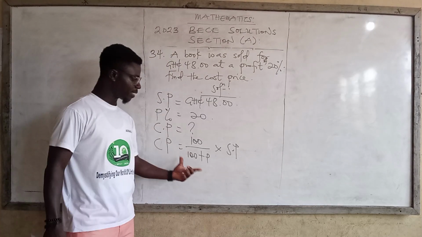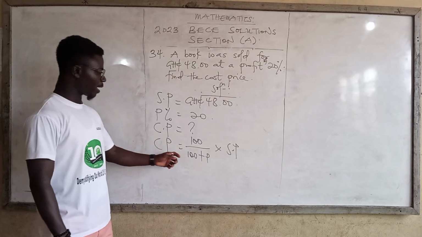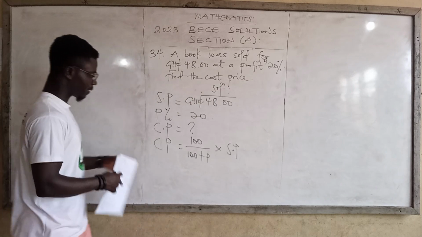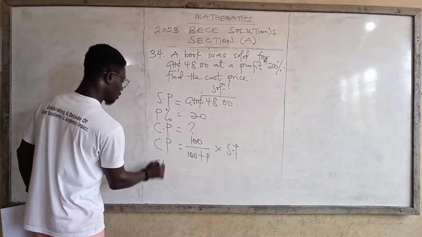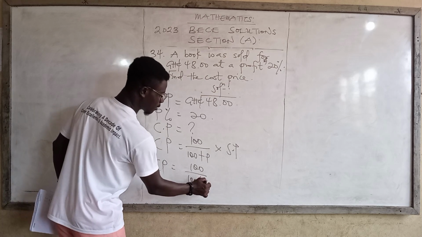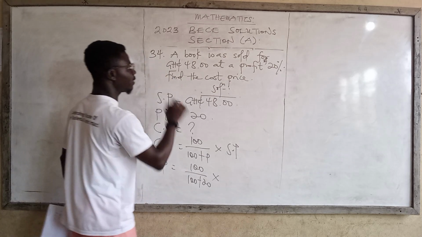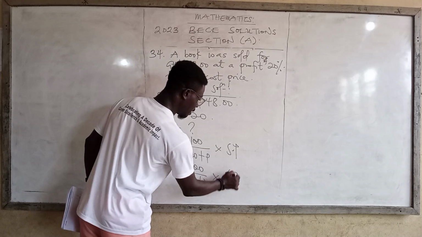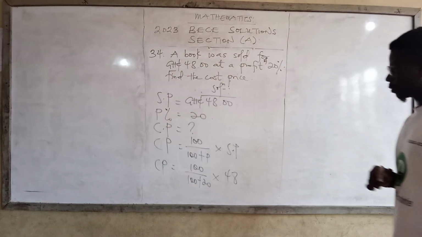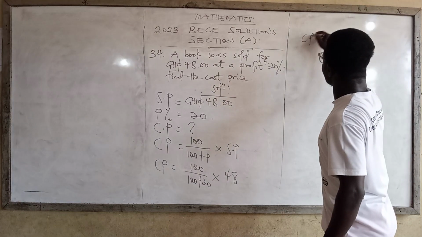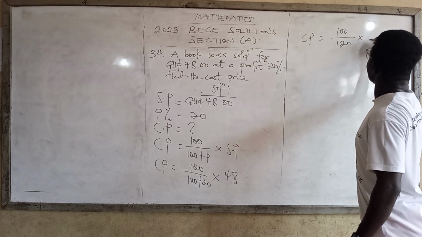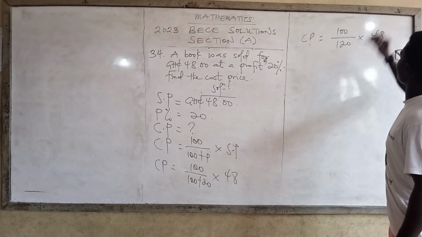If you use this relation here, cost price is always equal to 100 over 100 plus P times the selling price. So my cost price is equal to 100 all over 100 plus 20 times my selling price, which is 48 Ghana cedis. So now I have the cost price being equal to 100 over 120 times 48.